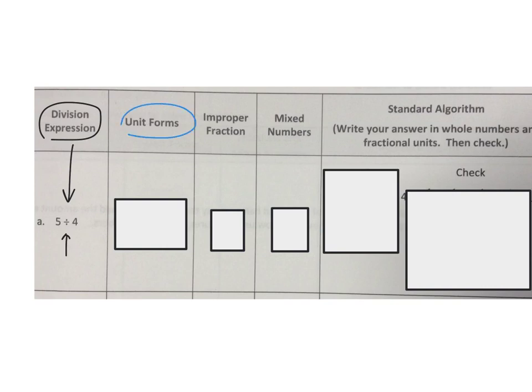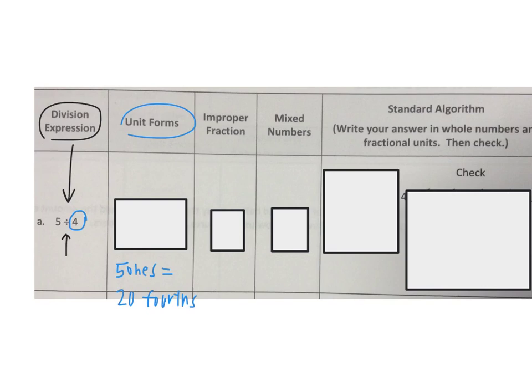What would the unit form be? Well, instead of ones, we know that we want to write it using fourths. So 5 ones is the same as how many fourths? 20. So how would you write this using unit form? In your notebook, go ahead and make the same chart. How would you rewrite this problem if you know that 5 ones is the same as 20 fourths?